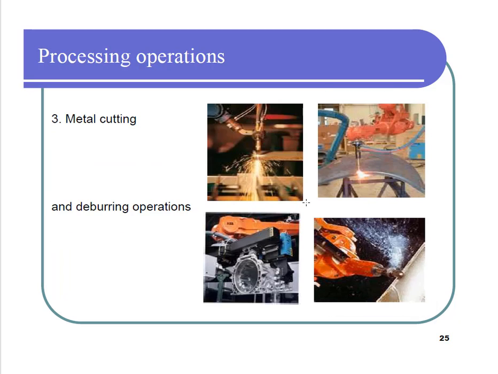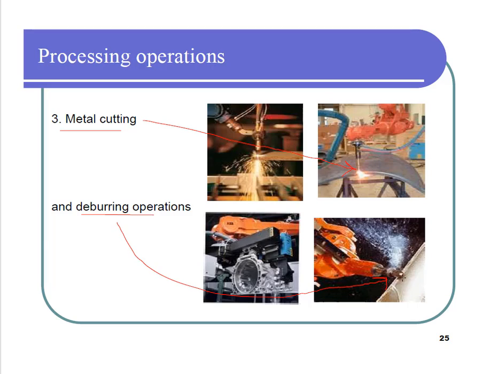Another processing operation is metal cutting or deburring. It is very simple. You are cutting a metal, so you are putting some kind of tool at the end effector, like this one, using arc metal cutting. Alright, so you are cutting the object. Or deburring.